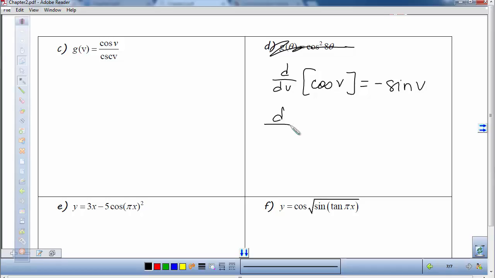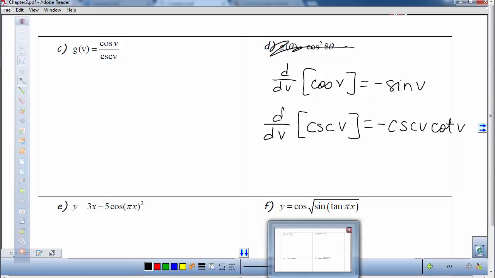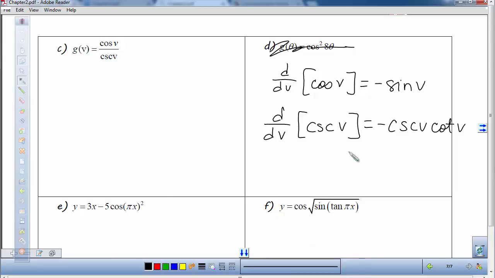The derivative of cosecant v, I do know it starts with a negative, and I think it's minus cosecant v cotangent v. All right, who's got those notes nearby? Just to make sure we're all on the same page on that. Yes. Okay, good. So that's our reminder of our derivatives.